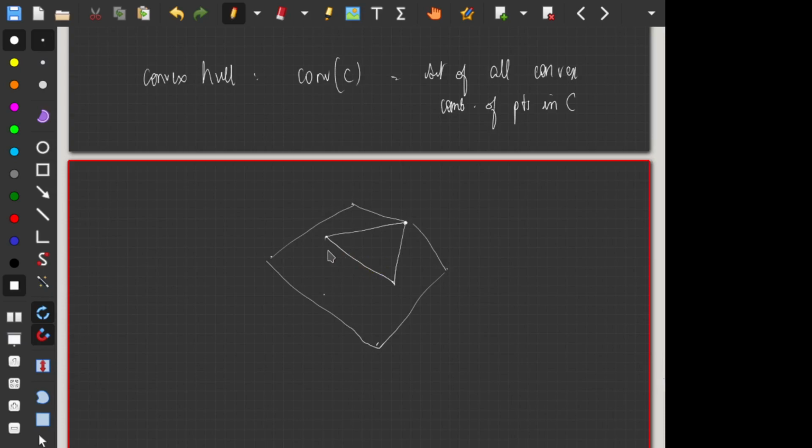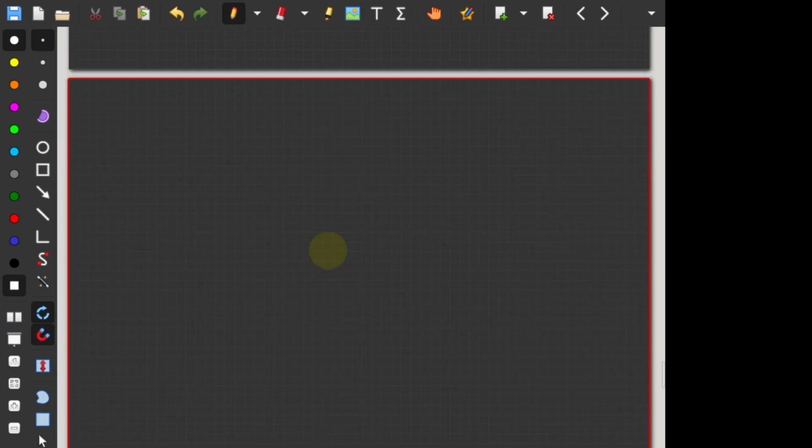Any questions so far? Yes. There are two sets, let's say A and B, so that A intersection B is empty. Okay, fine. And the convex hull of A is, let's say, A1.